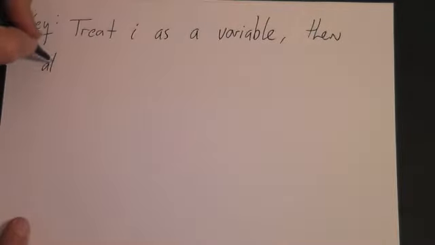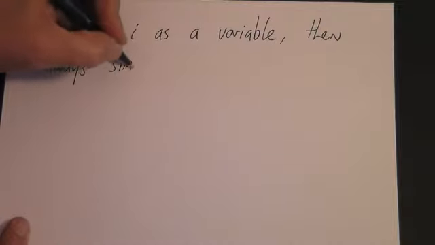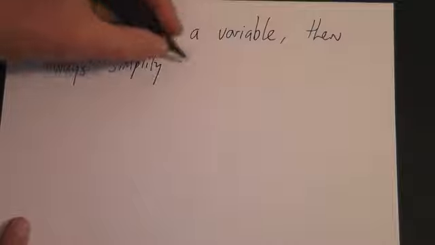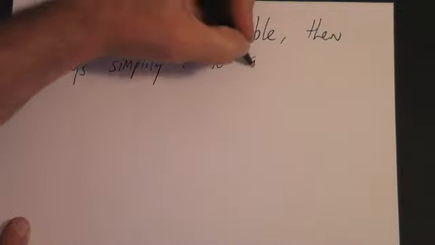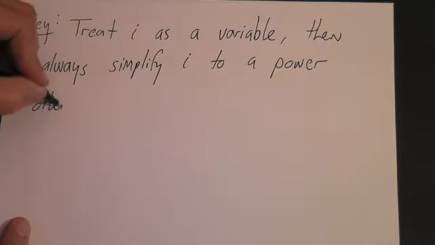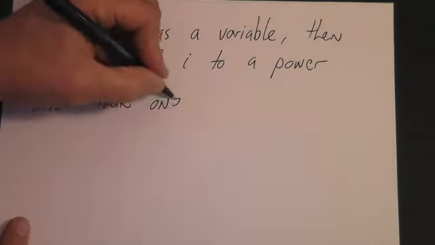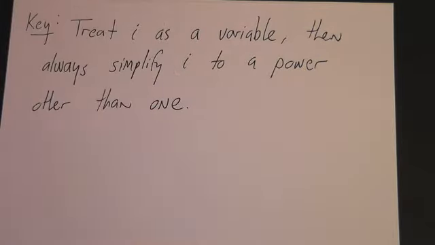And then always simplify i to a power other than 1. If you always do that, then algebra with complex numbers will be easier and never harder than algebra with real numbers.